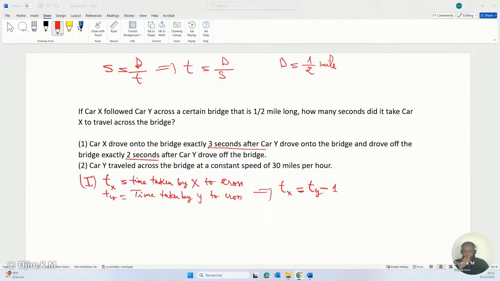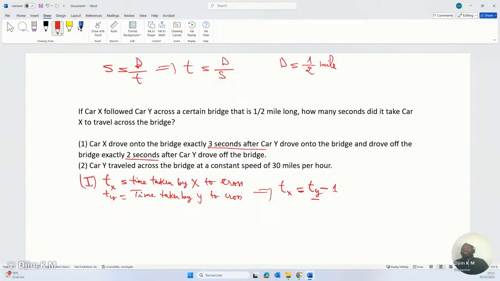Okay. So now the next question that we need to ask ourselves is, based on this condition, are we able to determine the exact time? Okay, so we still don't know the time it took car Y to drive because we don't have the speed here.